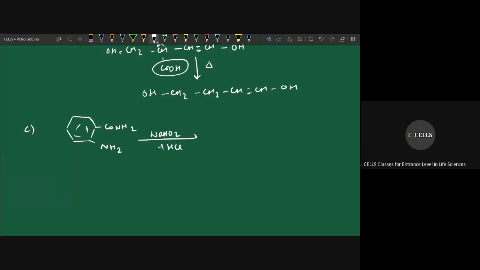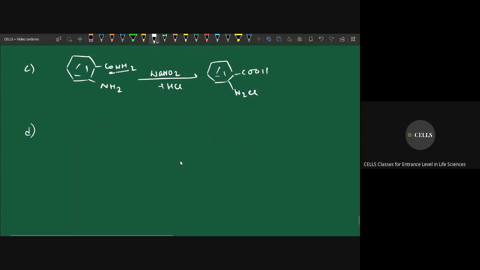So the answer will be what? Very easy. This is CO, though it's double bonded, it's linked with O, so it will be OH. But this carbon is linked with the double bonded carbon, so this will be N2Cl. Another example.